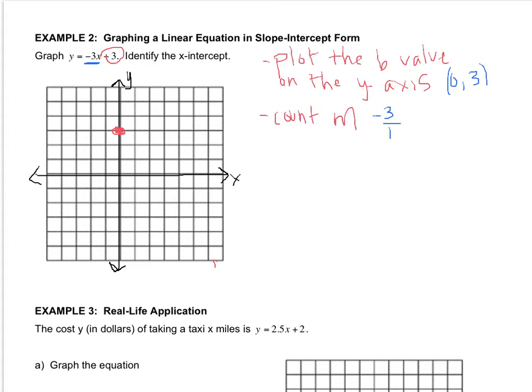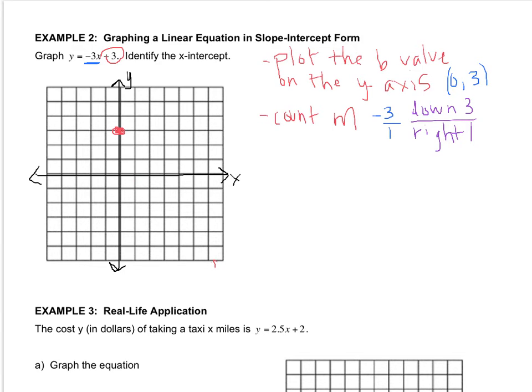So then the question that you ask is, what does -3 over 1 mean? -3 in the numerator means to go down 3, and 1 in the denominator means to go to the right. So from 0, 3, not from the origin, from 0, 3, we're going to go down 3 and right 1, and we're going to land right here, so put a dot right here.